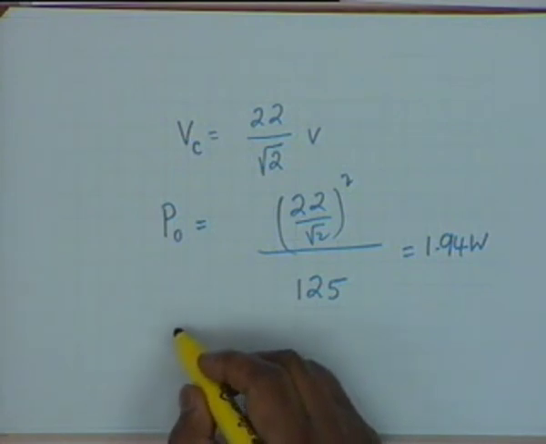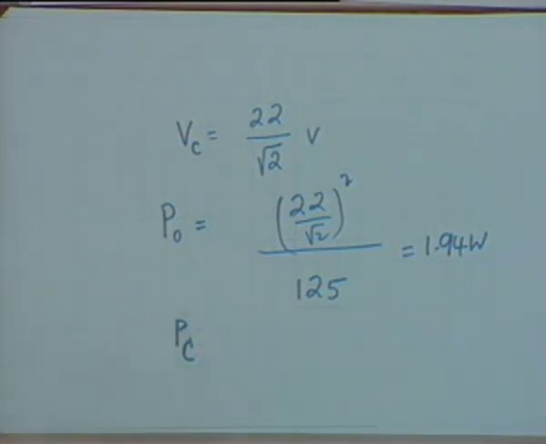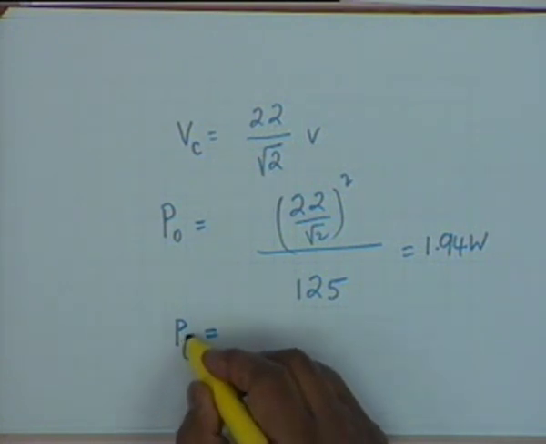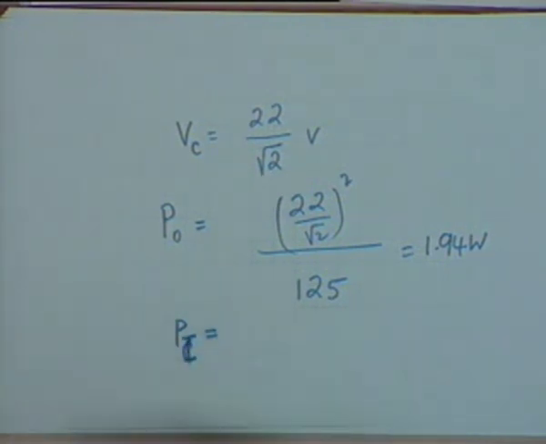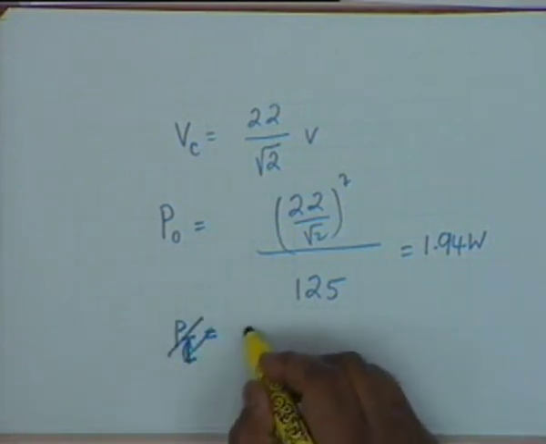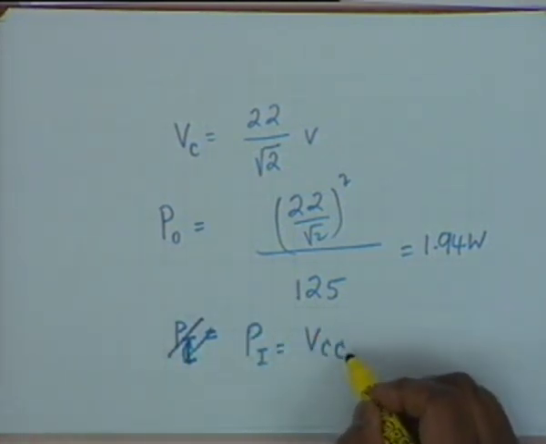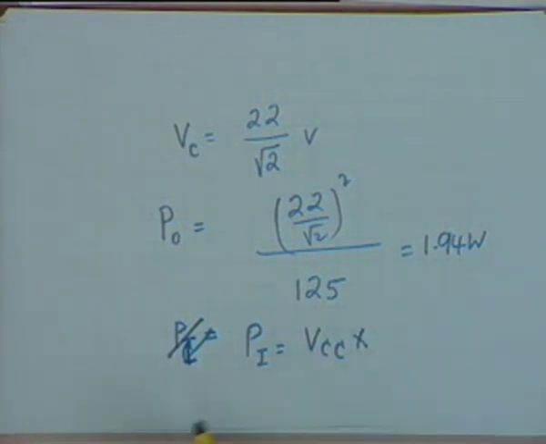The input power P sub I, capital P sub capital I, is simply VCC multiplied by whatever current is drawn from the battery.